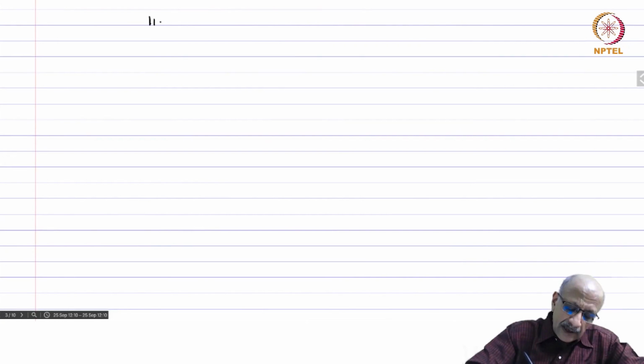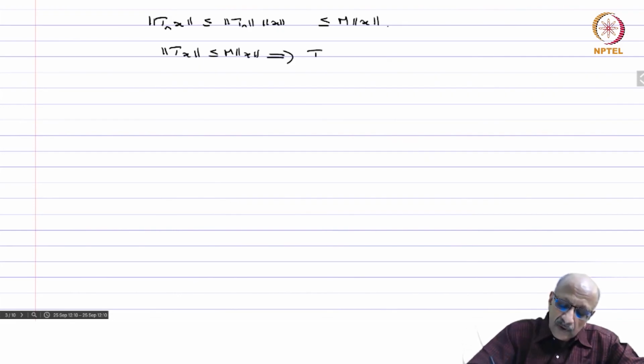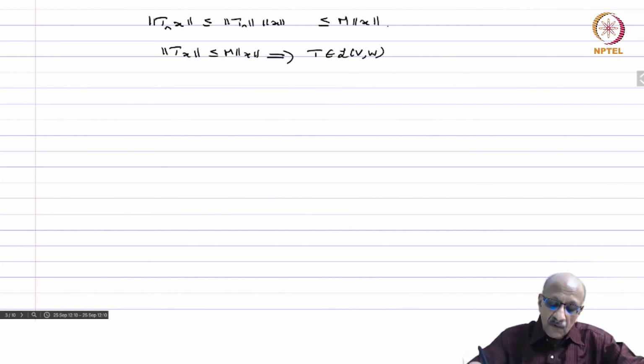Therefore, norm T_n x is less than or equal to norm T_n times norm x, and that is less than or equal to M times norm x. And therefore, if you pass to the limit, you get norm Tx is less than or equal to M times norm x, and this implies that T belongs to L(V,W). So the pointwise limit of bounded linear operators is also a bounded linear operator if V is Banach.